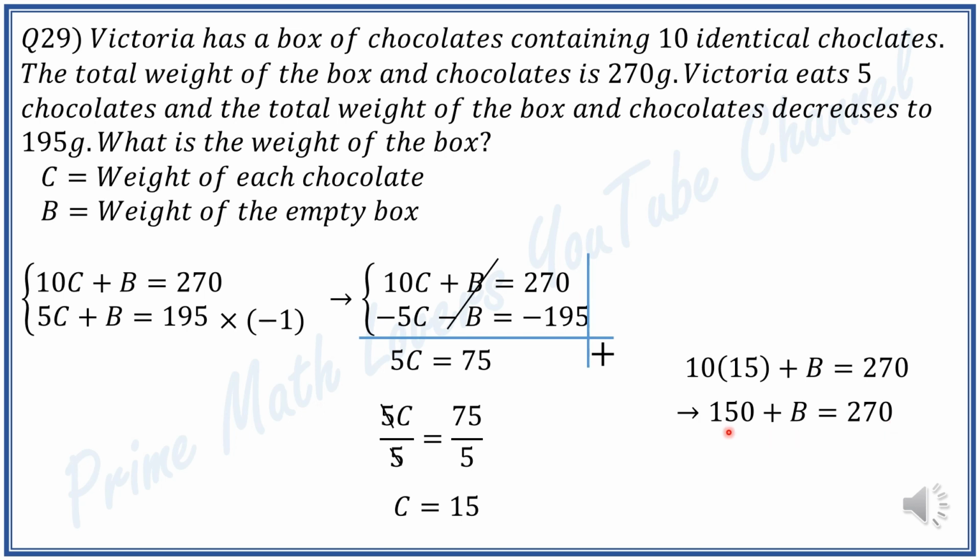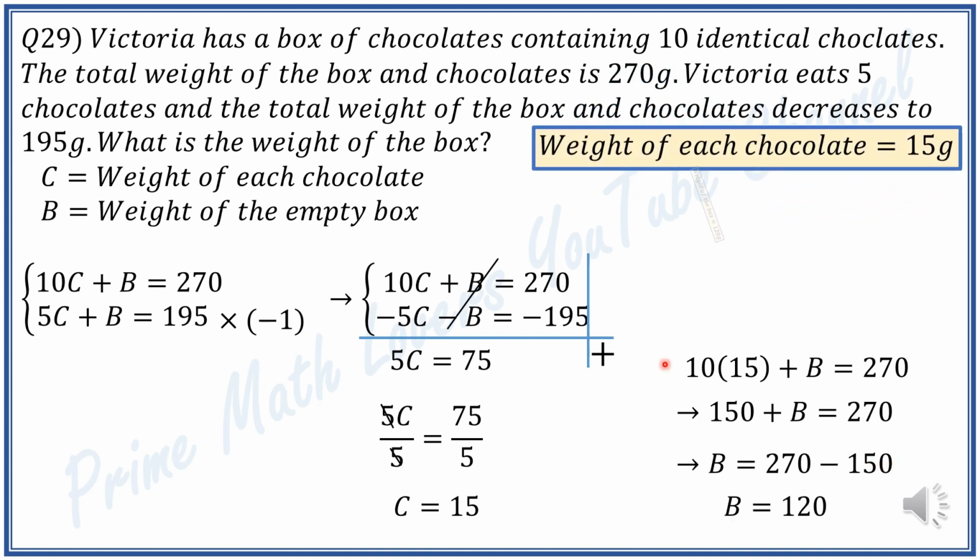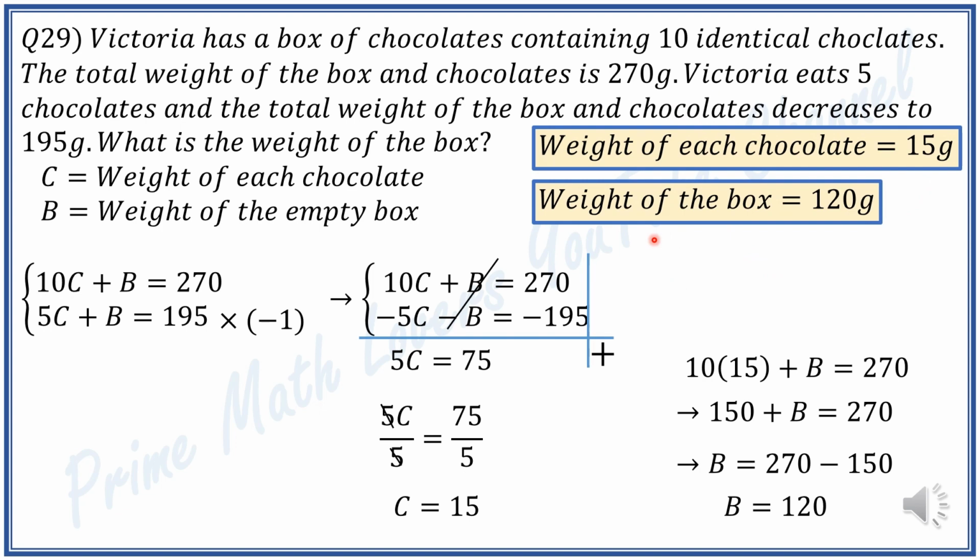We take 150 to the other side, so B is equal to 270 minus 150, which is 120. So the weight of each chocolate is 15 grams, and the weight of the empty box is 120 grams.